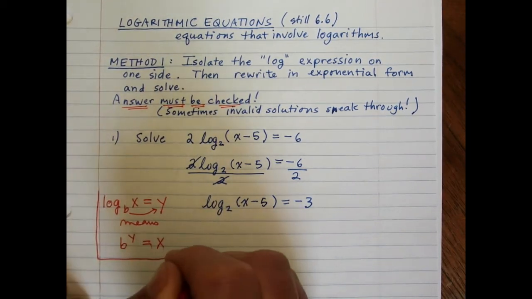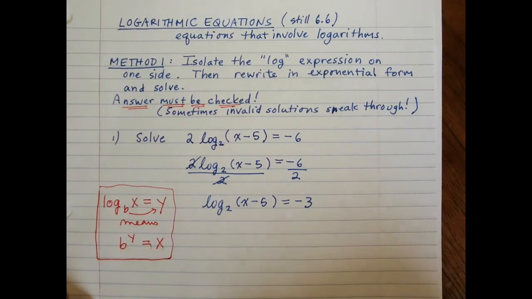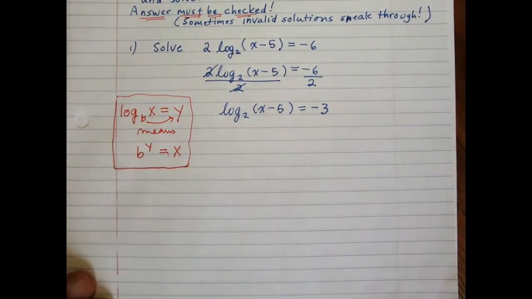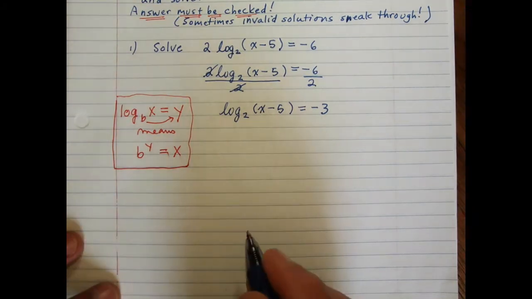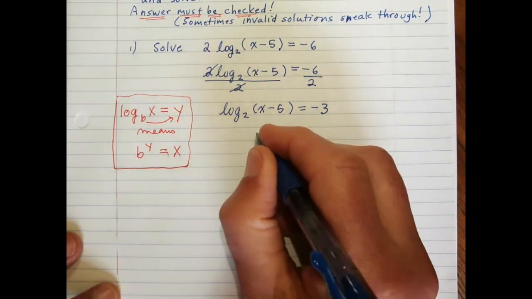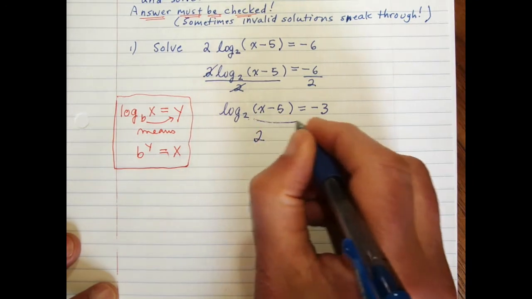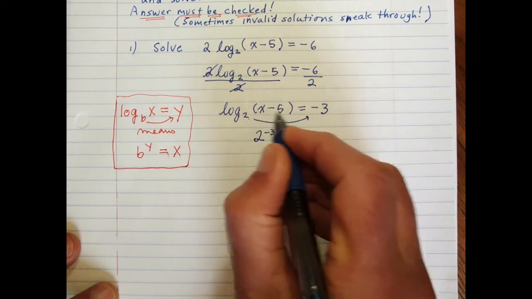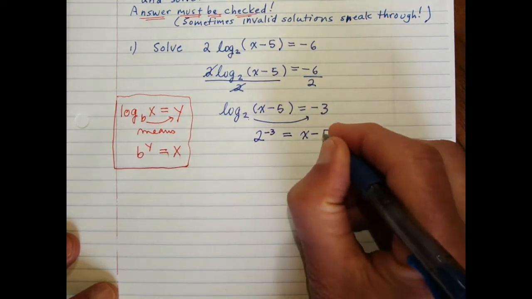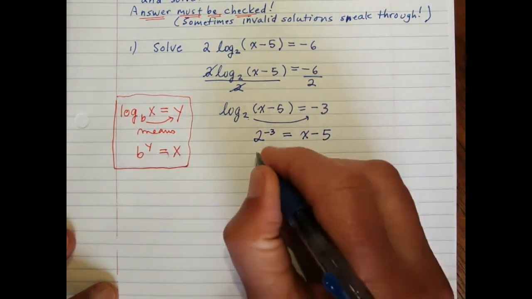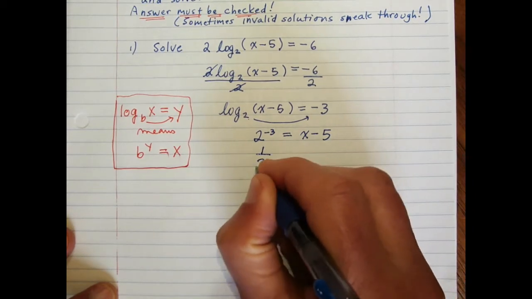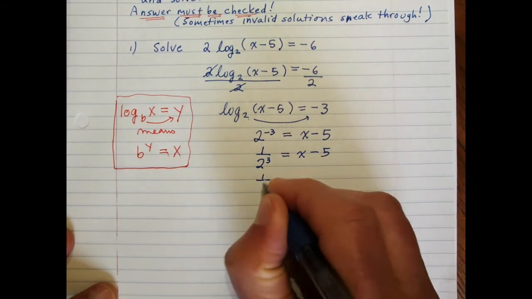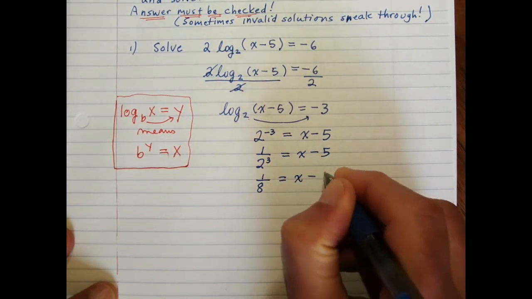That was our very first defining principle about what logs mean. That illustrates the fact that logs and exponential functions are inverses of each other. So here we would take the base 2 to the -3 power. That's got to equal what's inside the logarithm, x minus 5. Well, 2 to the -3 is 1 over 2 to the 3rd, so 1/8 is x minus 5.